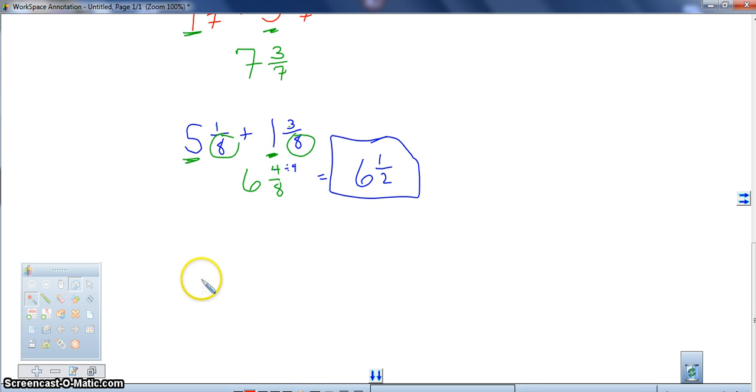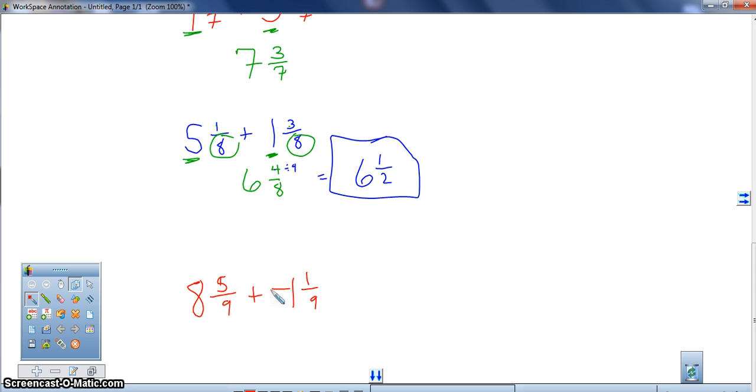What if you have 8 and 5 over 9 plus a negative 1 and 1/9? Okay, let's look at that one. So on this problem, it's actually like you're subtracting because you're adding this negative, so you have to subtract.